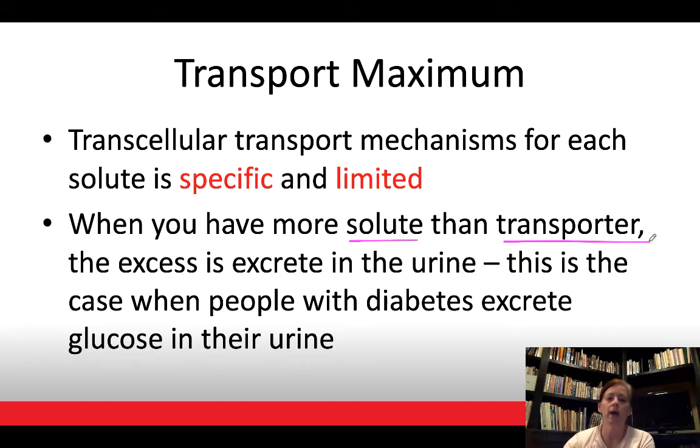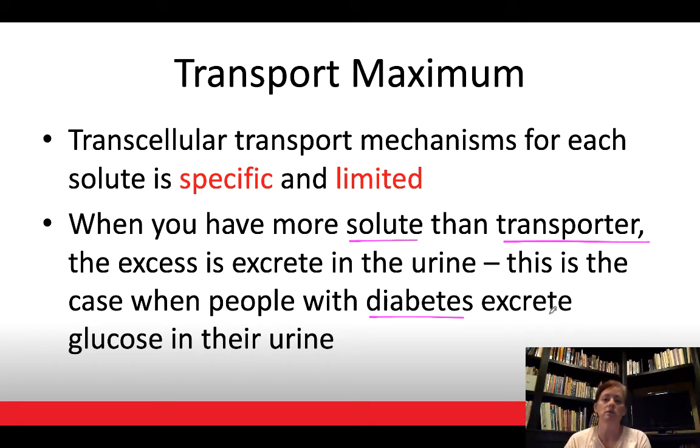This is what happens when you have people with diabetes who have a lot of glucose in their renal tubule. They basically run out of transport proteins to either carry that glucose across by secondary active transport or facilitated diffusion. Both of those still require a transporter, and if you have way too much glucose, then you're not going to have enough transporters to reabsorb.